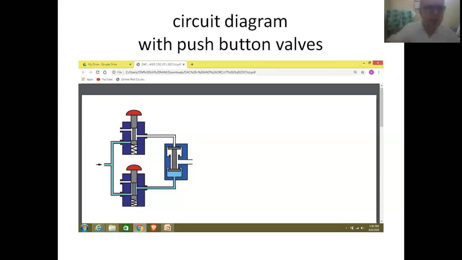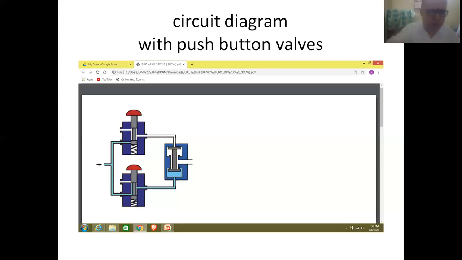So friends, this is about the arrangement of these valves, and we can identify the various ports of the valve. This is the inlet port of the DC valve, fitted to the pipeline coming from the supply. This outlet of the valve is fitted to the first port of the cylinder, and the exhaust is fitted to the pipeline entering the atmosphere.